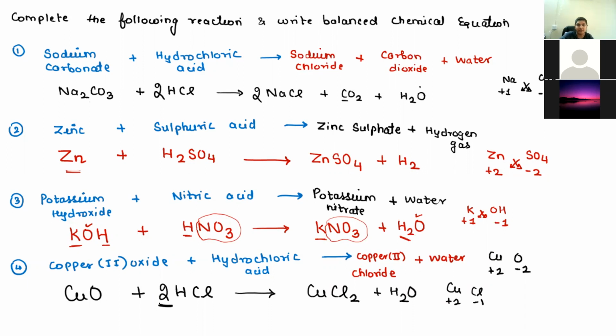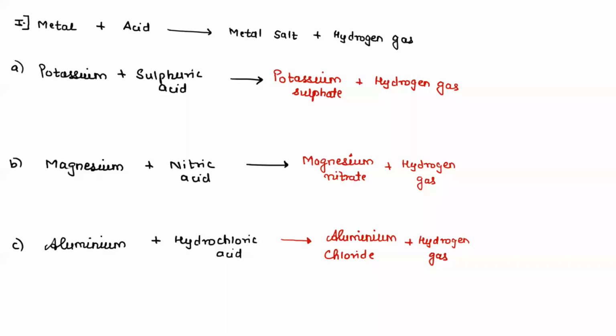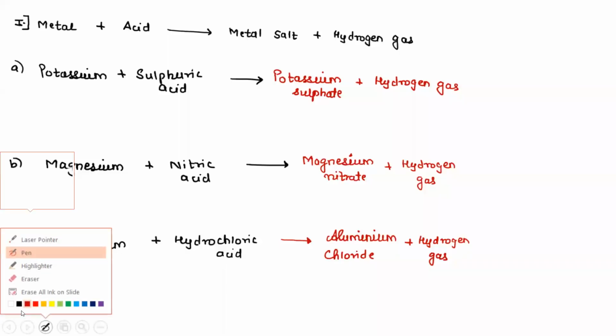Copy these reactions and then I'm going to give you one reaction, many examples. That will help you in practice. So copy this first and then we are going to do only one by one reaction properly. So please copy this. So let us do this.